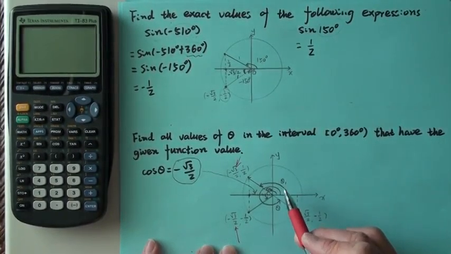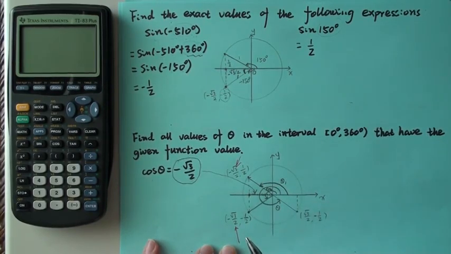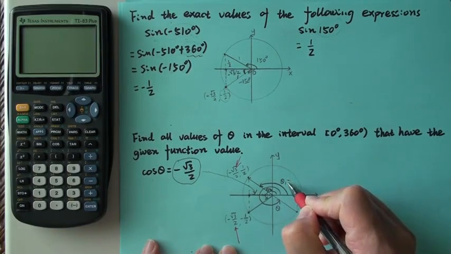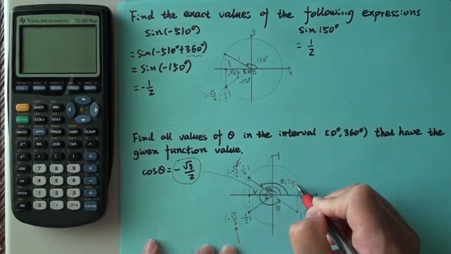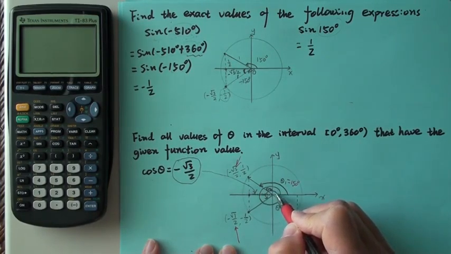So you know there are two angles. One is theta 1, from here to here, and we know that's 150 degrees. Another one, theta 2, is from this point up to this far.